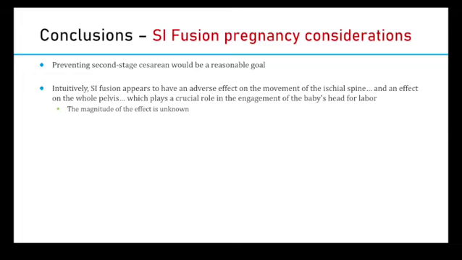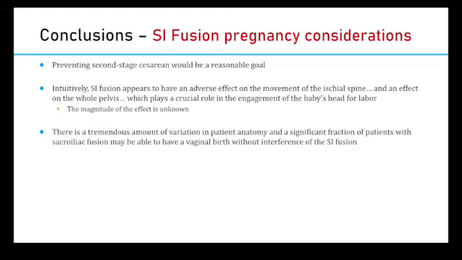The magnitude of the effect of the change of the movement of the ischial spine is really unknown because of the variations of the woman's pelvis. The variations in pelvic anatomy are so common that a significant fraction of patients will undergo successful vaginal birth without interference of the sacroiliac fusion.